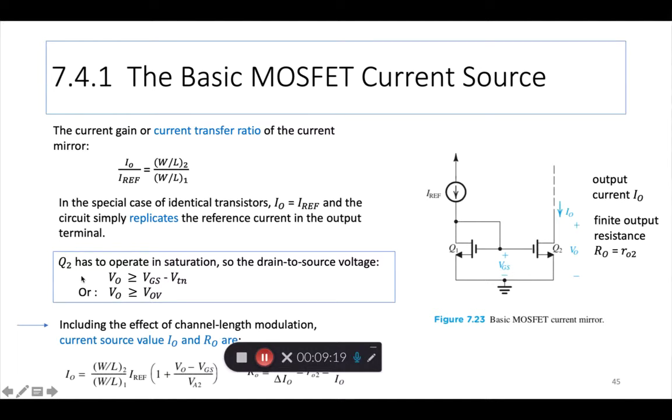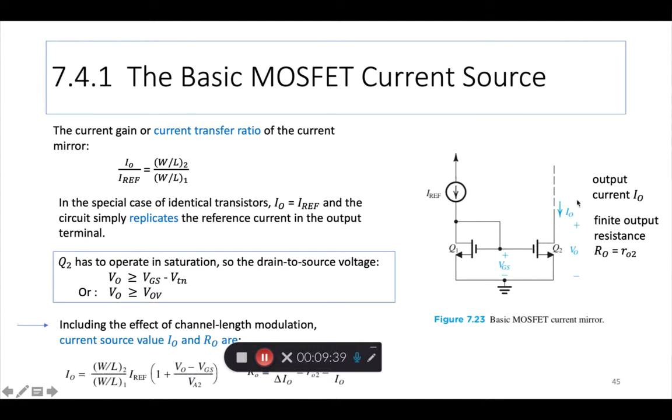One important condition for this relationship to hold: Q2 has to operate in saturation. It's your job as the user of this I0 to ensure that Q2 never leaves saturation.